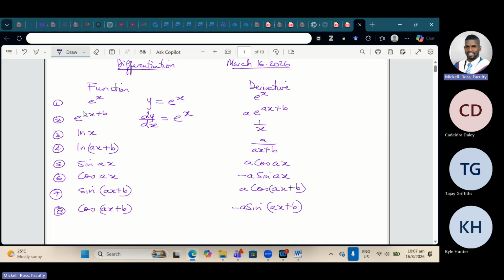So if you have y is equal to any of these functions and you differentiate them, this is what you would get, or it would be in this form. And we're going to look at questions of how to work out different functions when you're asked to differentiate them in those forms.